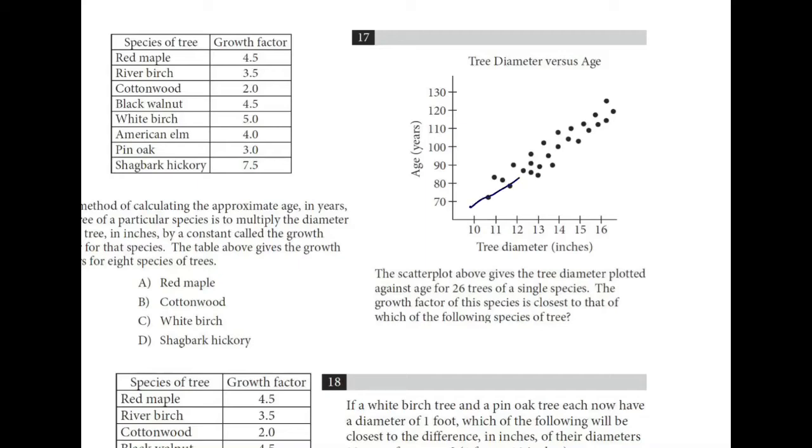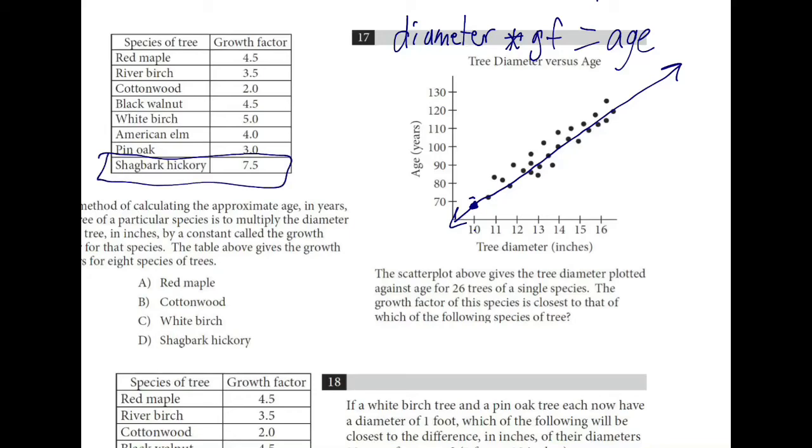So if I draw a line of best fit here, approximating the pattern here for the scatter plot, which will take into consideration the ones above and below, I can identify a specific point on this line and try to figure out, given the formula diameter times growth factor is equal to age, I can look at the diameter 10 multiplied by something is equal to the age 70. So 10 times what is 70? Well, it's about 7. The closest one in this table to 7 is shagbark hickory. That's why D is the best answer.